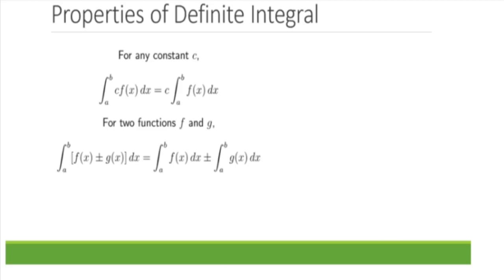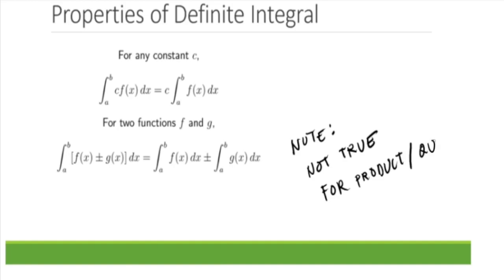And for two functions f and g, we can take the definite integral of the two functions individually, then take their sum or difference. So again, it is important to note that this is not true for product or quotient.